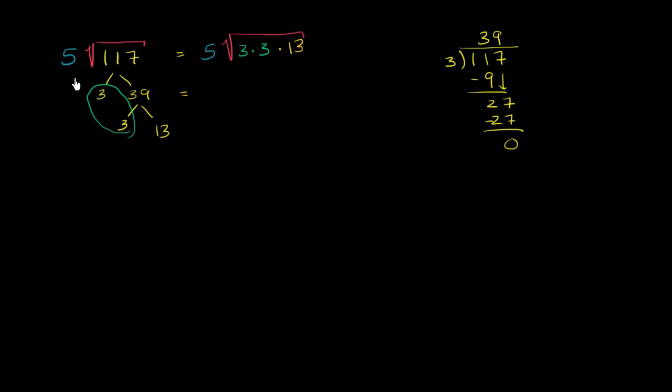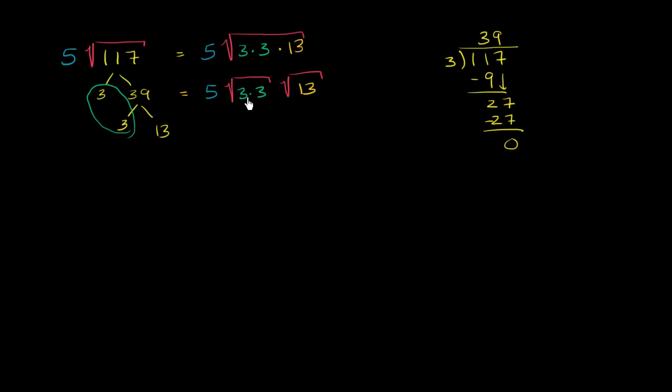And this is going to be the same thing, and we know this from our exponent properties, as 5 times the square root of 3 times 3 times the square root of 13.